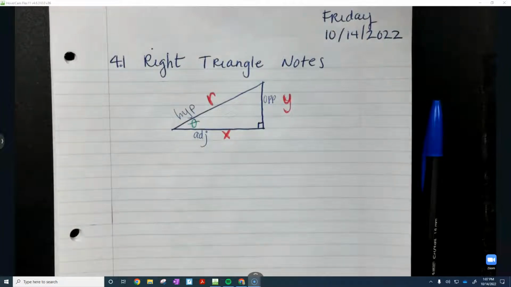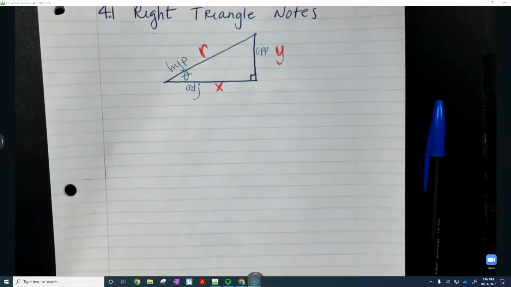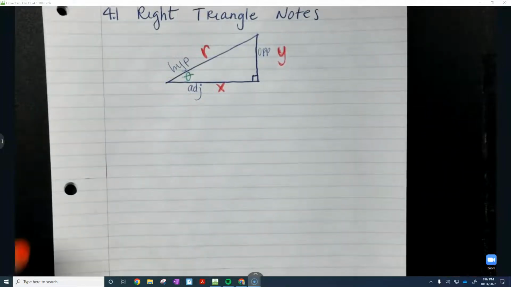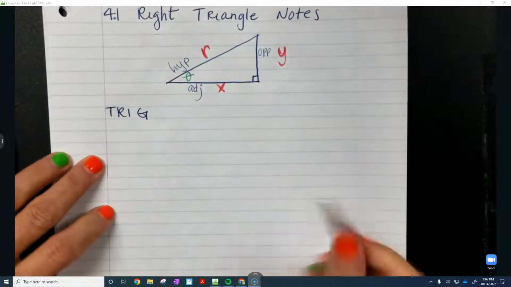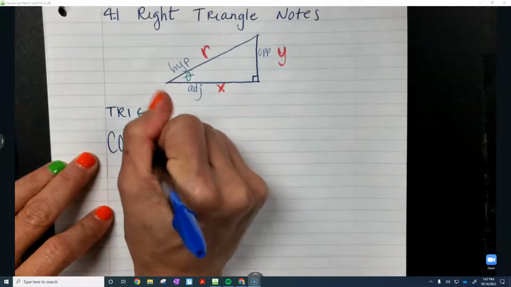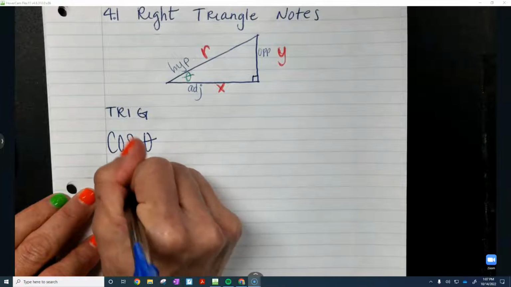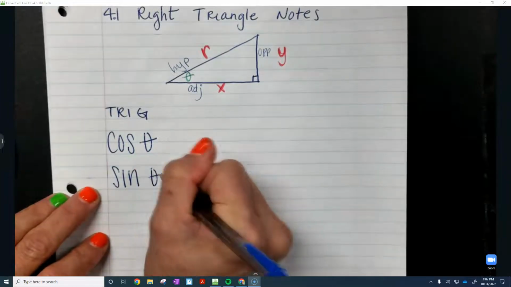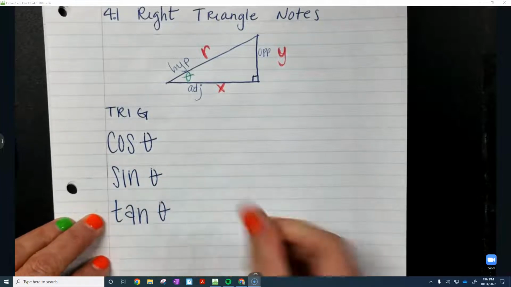All right. So now that we've established that, let's talk about what you already know. You already know some trig ratios. You know cosine of theta, sine of theta, and tangent of theta.